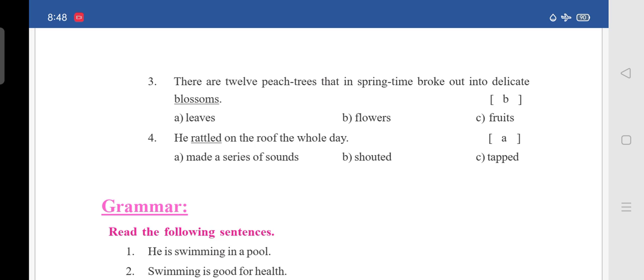He rattled on the roof the whole day. The underlined word is rattled. What is the meaning of rattled? Made a series of sounds, shouted, tapped. Which one? It is A. Made a series of sounds. Fourth one is A. Now see the grammar.